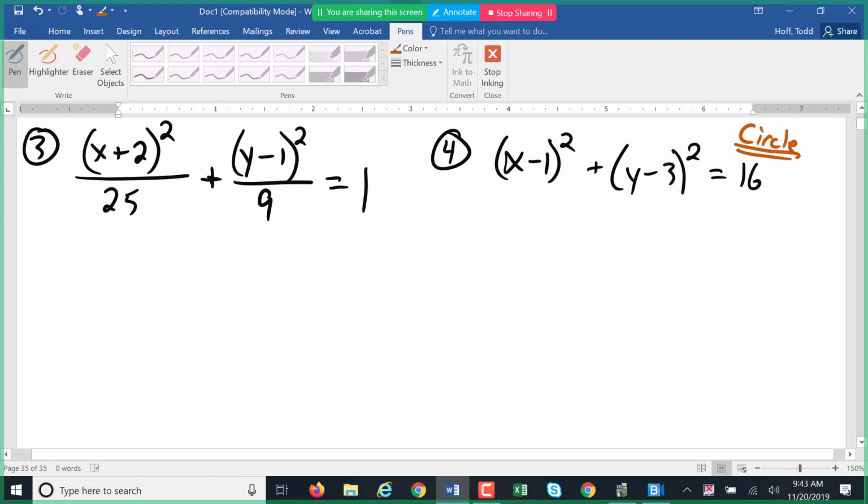Now, we haven't talked about circles with the conic sections, but we talked about those a few weeks ago in graphing. 3 over here, we have both x squared and y squared, so that eliminates the parabola. Can't be a parabola. The fact that it's divided by different numbers here tells us it can't be a circle, so we know this is either an ellipse or a hyperbola. Well, since it is plus here, that tells us that it has to be an ellipse.